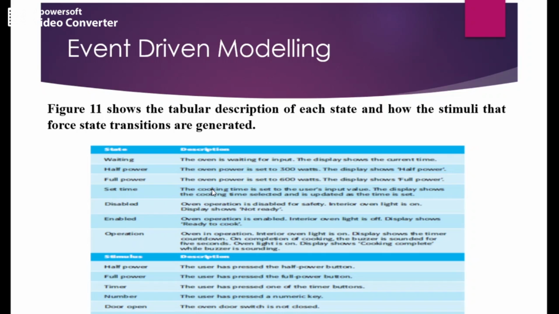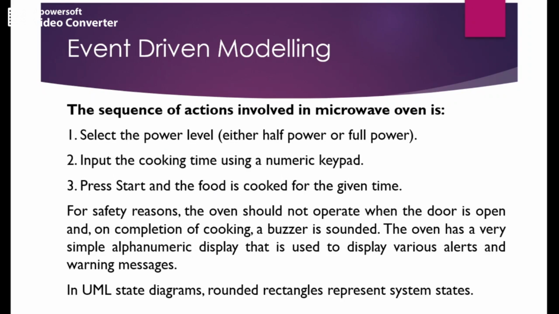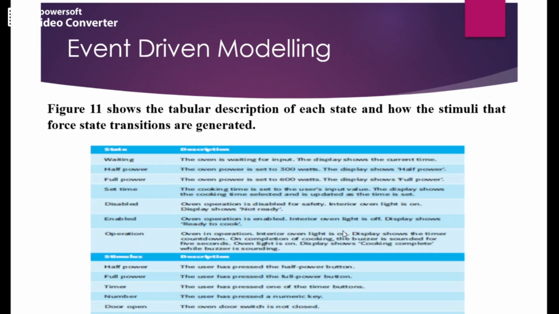Next, which are the other stimuli? Door open, door closed, start. Door open means the oven door switch is not closed, and door closed means the oven door switch is closed. Start means the user has pressed the start button, so it can start the operation.